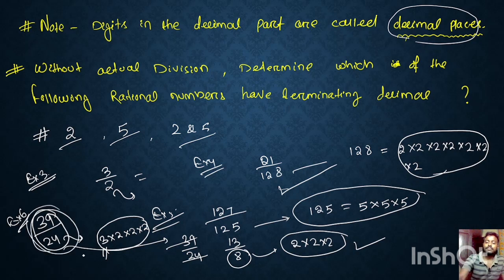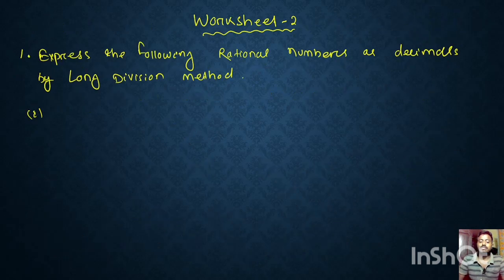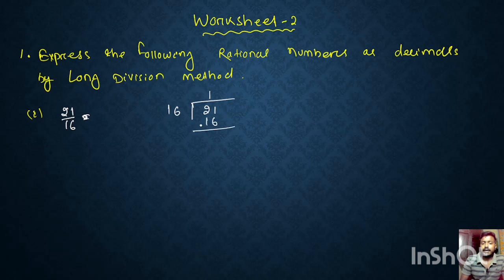Now coming to worksheet 2. The first question: express the following rational numbers as decimals by the long division method. The first question is 21 divided by 16. First we divide by the long division method, by 16. 16 1 ja 16. Yes or no? That is minus, so 5.